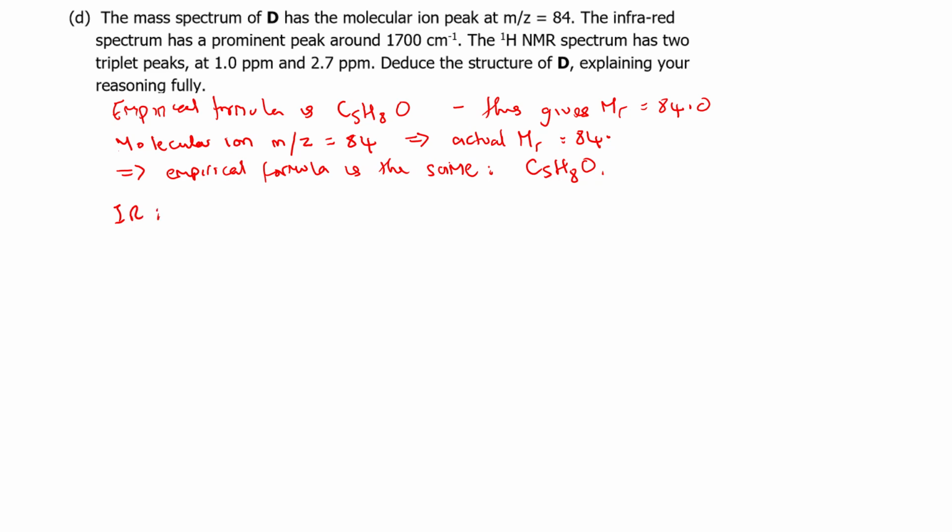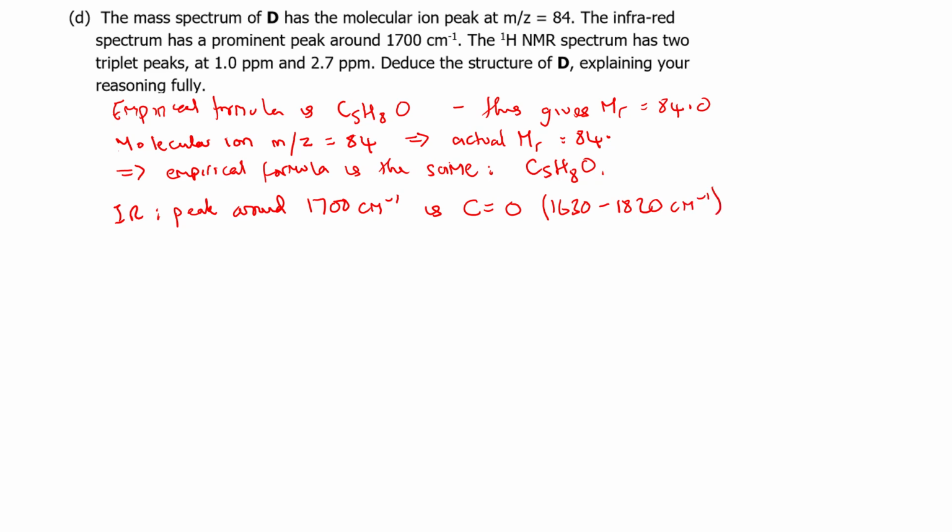Infrared peak around 1700 is C=O, and just quote the datasheet values just to sort of back up that statement. So it tells you 1630 to 1820 wavenumbers.